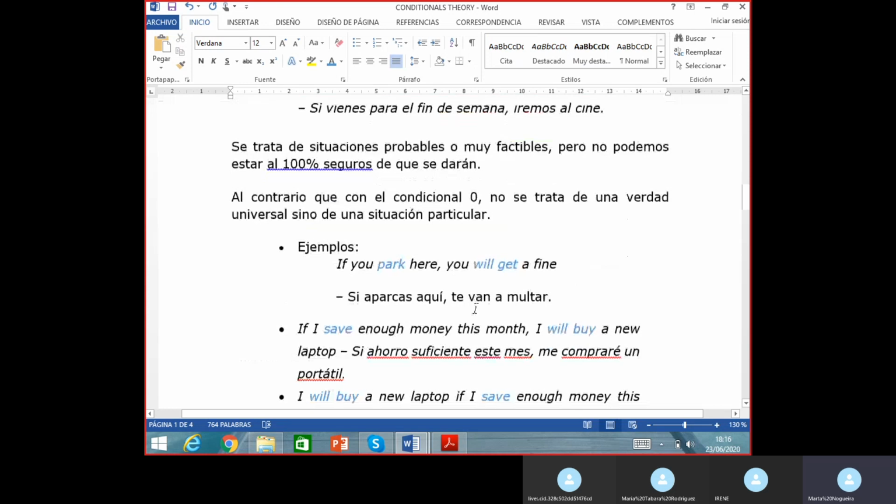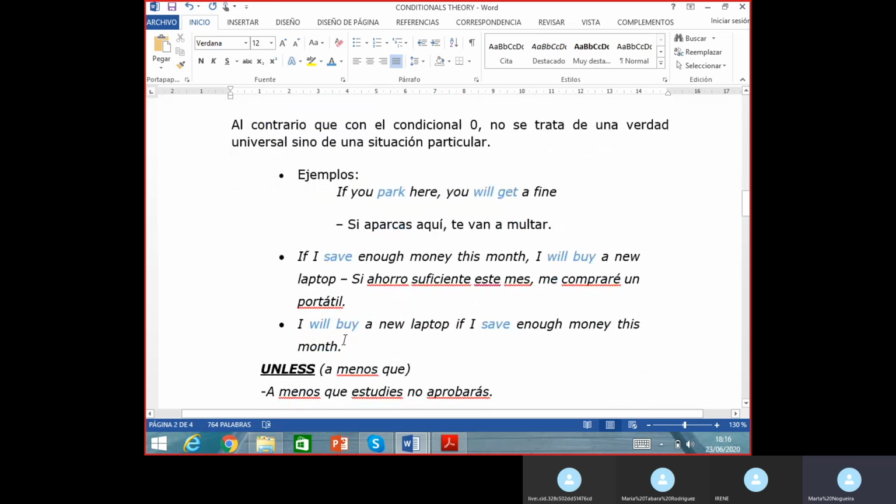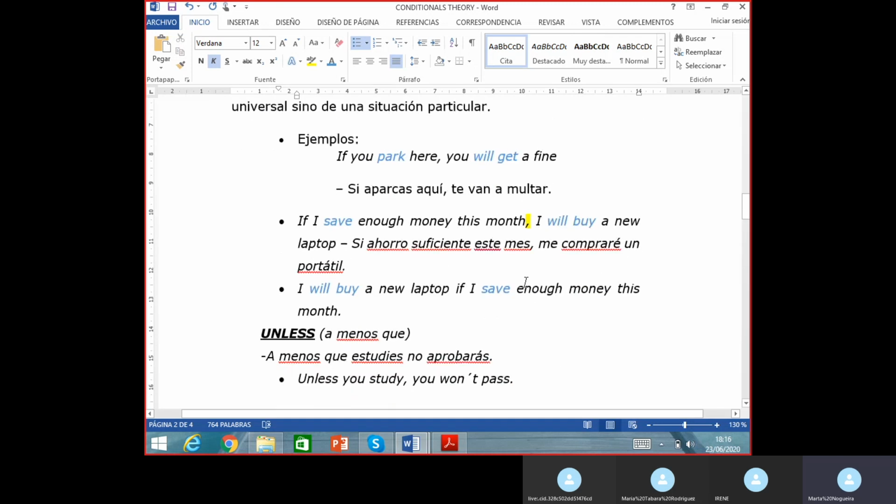If you want to say it the other way around, I will buy a new laptop if I save enough money this month, is perfectly correct, but don't change the tenses. And you don't put the comma. Here we have the comma and here we don't have the comma. Both are correct. It is a matter of emphasis.